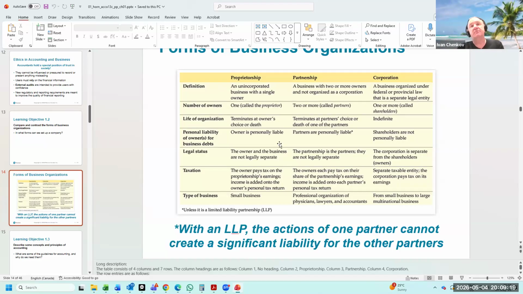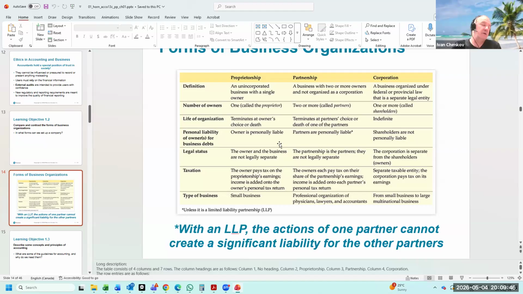So what does that mean? That means that the sole proprietorship and the owner are the same person, so there's no separate legal entity. The partners and the partnership are the same people. There's no separate entity. Whereas the corporation and the owners of the corporation are separate.